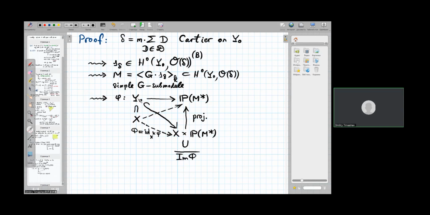And this identifies Y naught with an open subvariety in its closure in here. So this is again an open G-equivariant embedding of Y naught. It may be non-normal, but you can normalize it. Let us normalize, and then we get the variety X prime. So this map is just the normalization map.